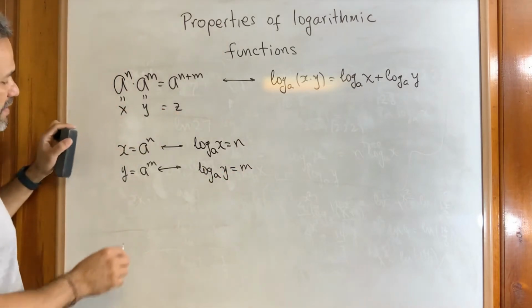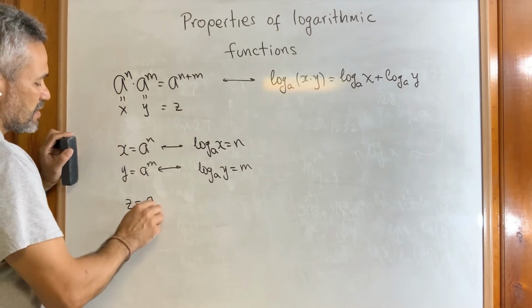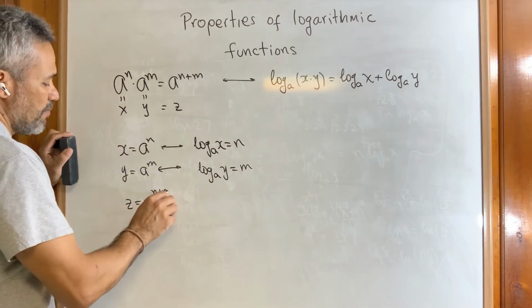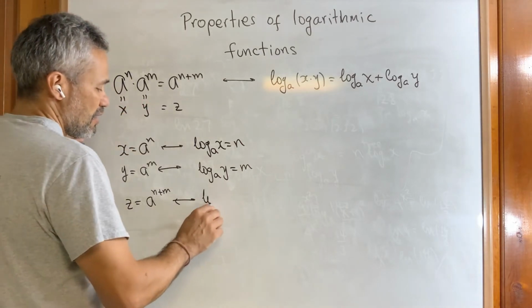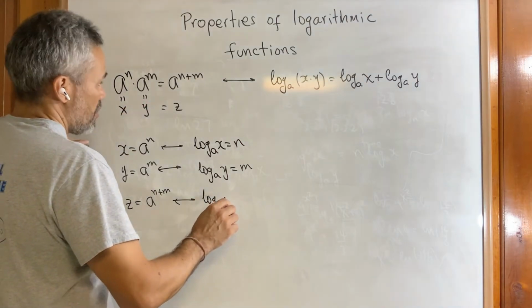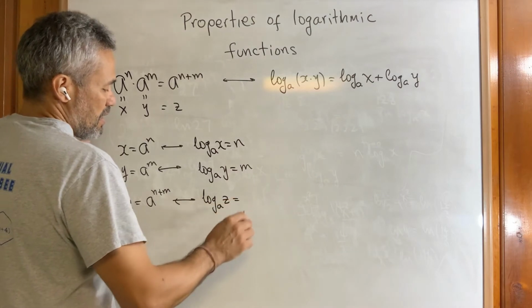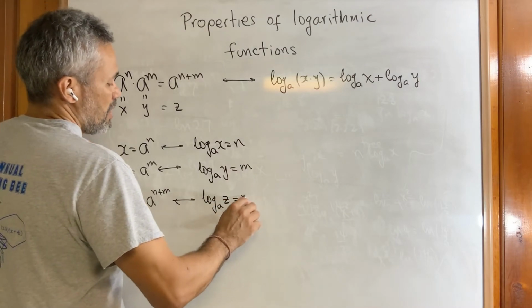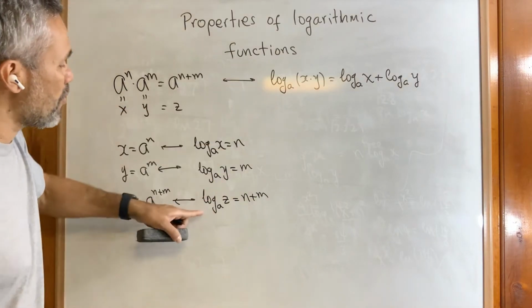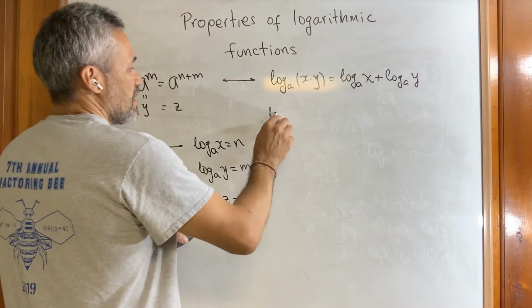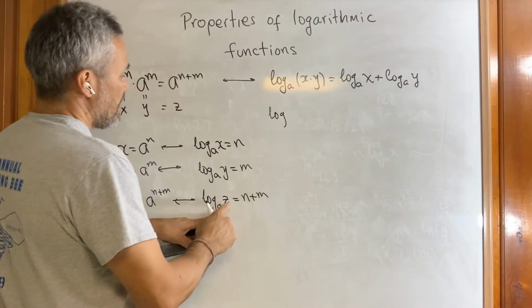And finally, c is a to the n plus m. If we rewrite it in logarithmic form, we get that log in base a of c is equal to n plus m. But now, let's see the property. This is log in base a of c.